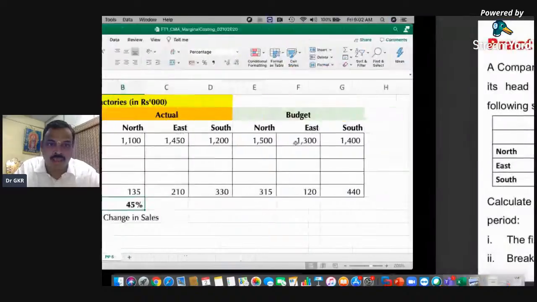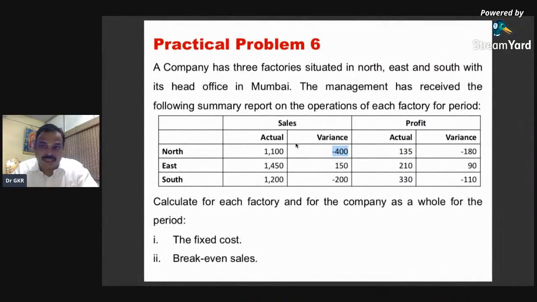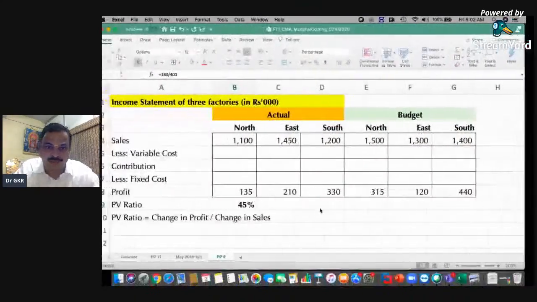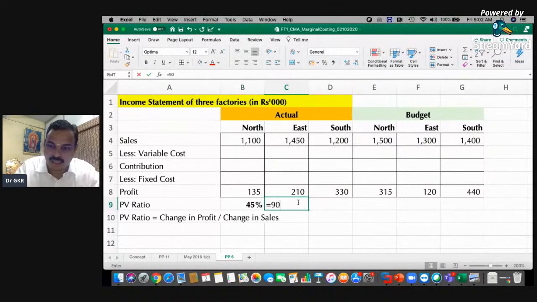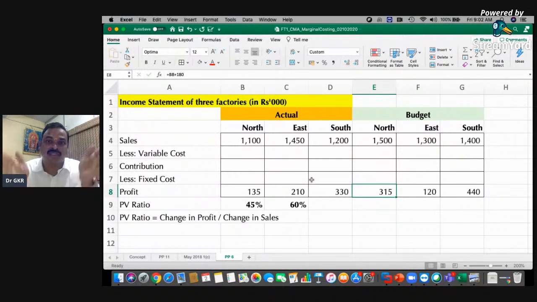Similarly, for east, it is 90 divided by 150. 60%. Directly. This is very important. For example, instead of giving two period sales, they are given budget sales and actual sales.